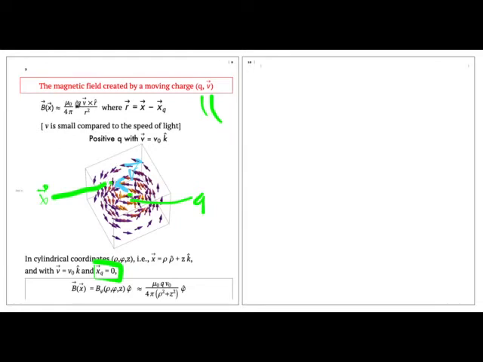And because of the cross product, the magnetic field directions circulate around the axis of the velocity. So I guess I should have said, this is the velocity.